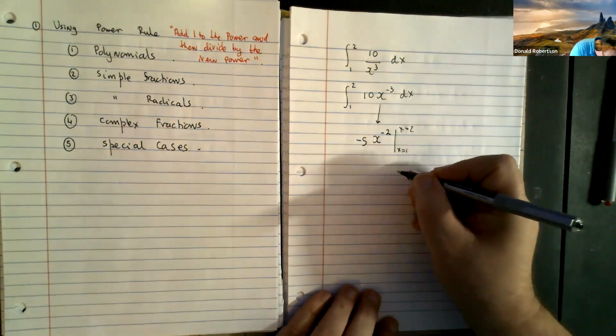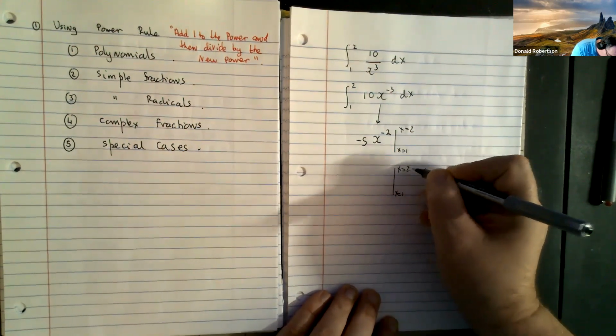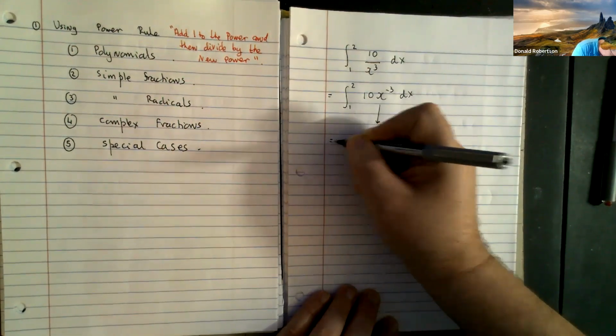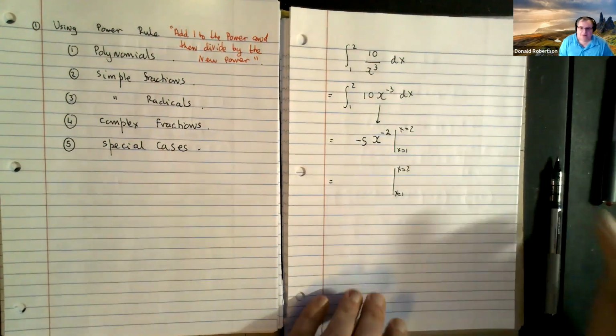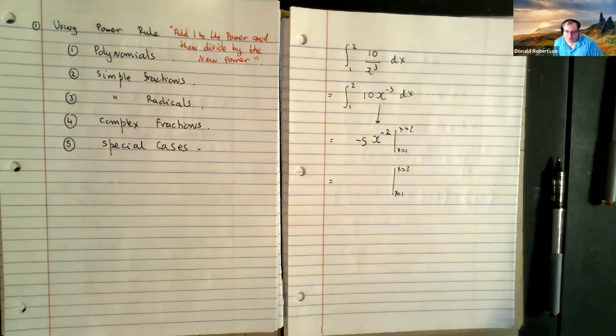And now we bring into play what I call style points. Your answer to your antiderivative can't just be left in whatever weird form it ends up being. There are rules about how it should be written. And the two major rules are, number one, make it look like the original, and number two, simplify if possible.